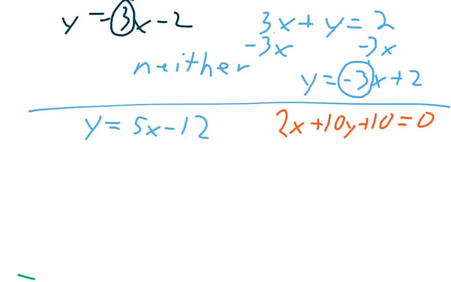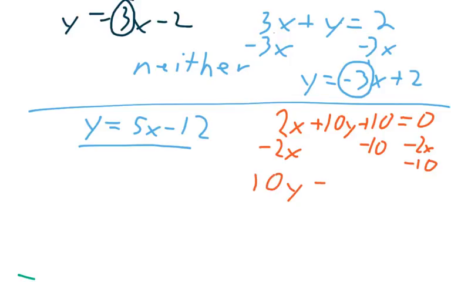In part C, the first equation is already done because this is in y equals mx plus b format. The second equation, I'm going to subtract 2x and subtract 10. And so we got 10y equals negative 2x minus 10.